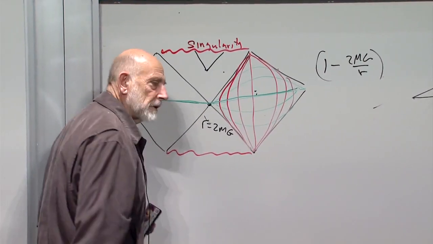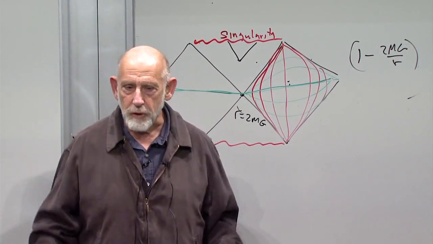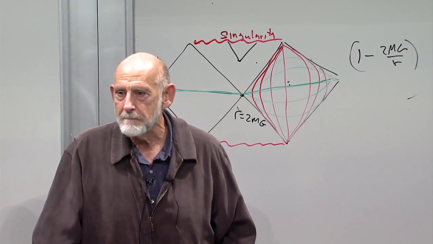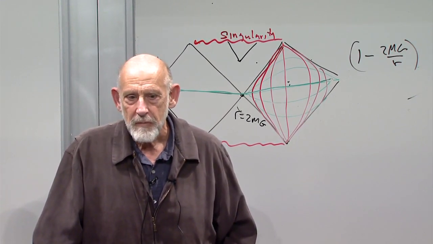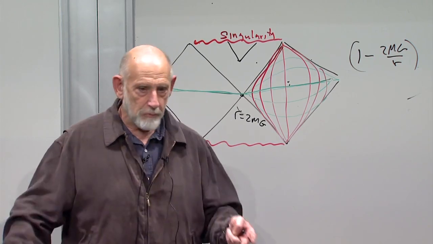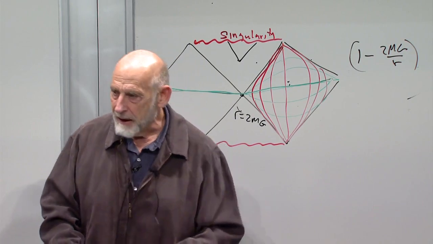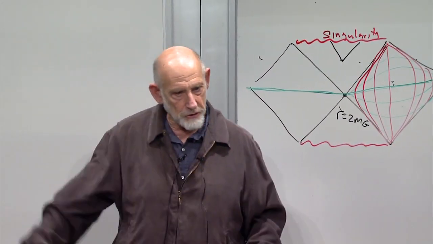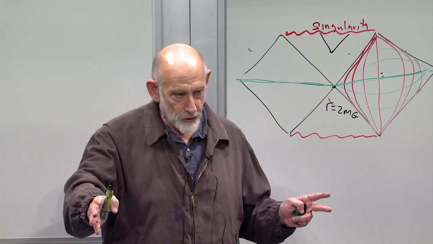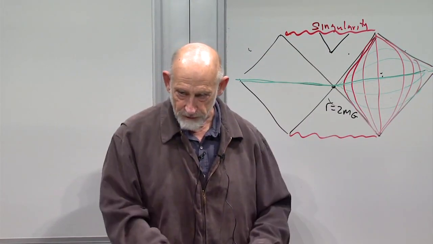Okay, let's go back a second. Each point on this diagram represents a two-dimensional sphere. Do you understand why it represents a two-dimensional sphere? Remember, we're using polar coordinates. Just as in polar coordinates on a plane, each radial distance represents a circle, each radial distance in three-dimensional polar coordinates represents a sphere.